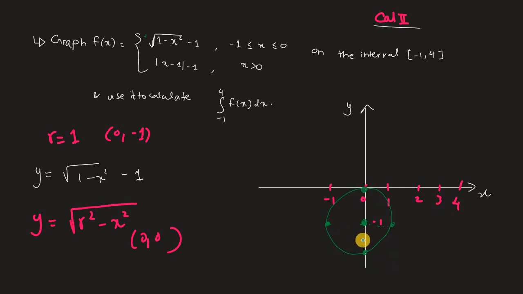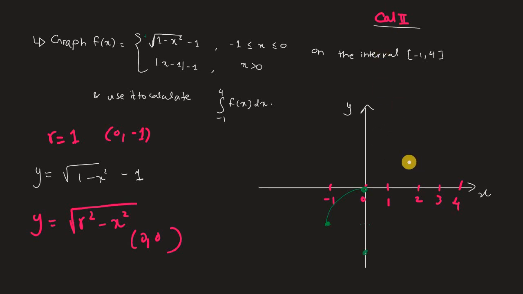But here we're only focusing on the semicircle, and we're not drawing this part because we need to stay in the interval given, which is -1 to 0. So from -1 to 0, it's only this function. After 0, we have something else, so we're not gonna draw this other part. Alright, so I hope that's clear.